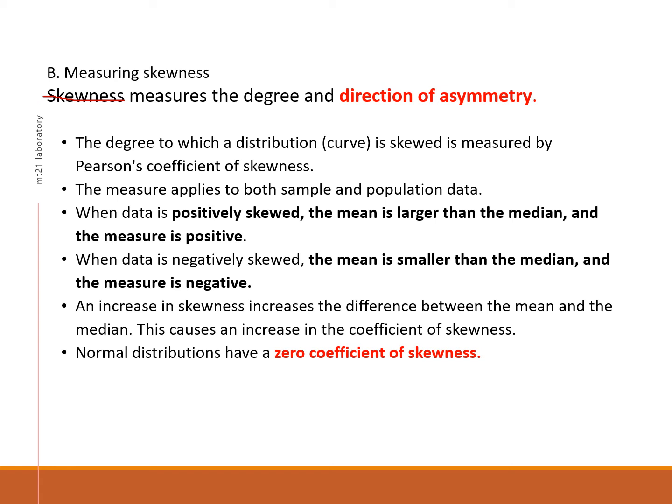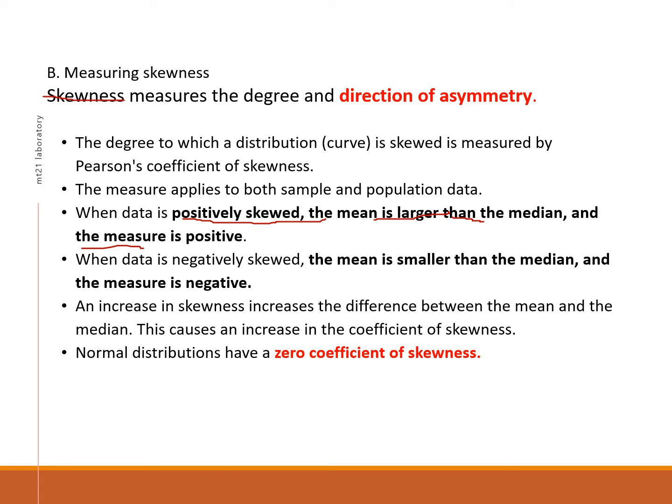So what are some instances that your graph or your sample is positively skewed? When the mean is larger than the median, it means that your measurements are positively skewed, meaning to say that the direction of the graph is shifted or positioned to the right. Okay, so it's shifted to the right.